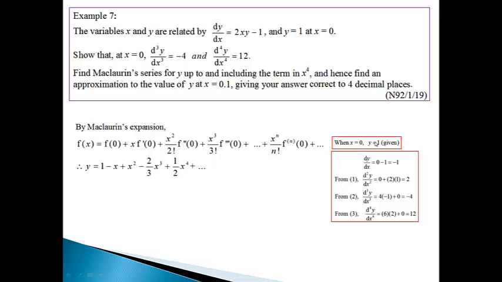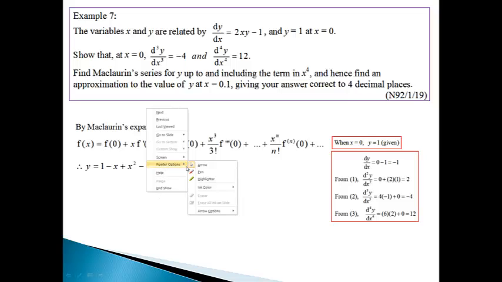Since when x equals 0, y equals 1, dy/dx equals negative 1, d²y/dx² equals 2, d³y/dx³ equals negative 4, and last but not least, d⁴y/dx⁴ equals 12, we are able to sub in all the values to every single term here.